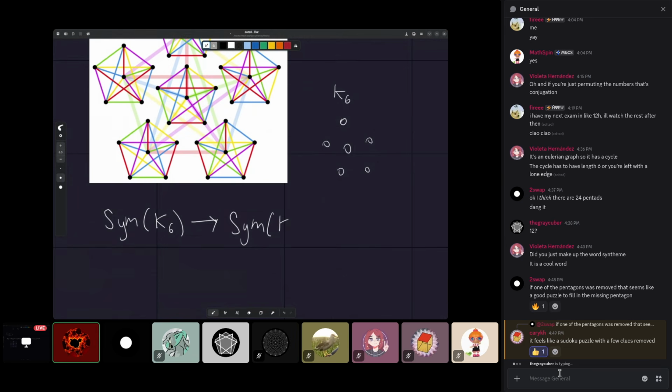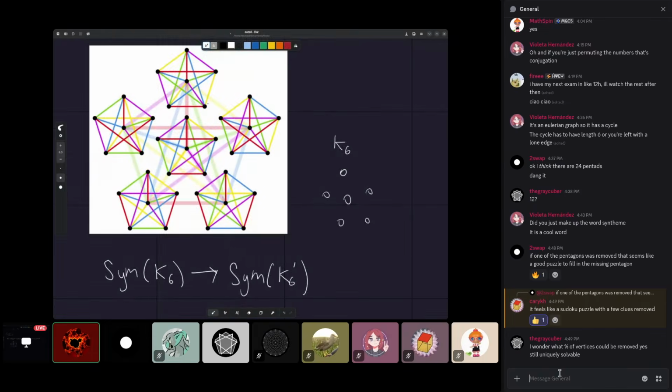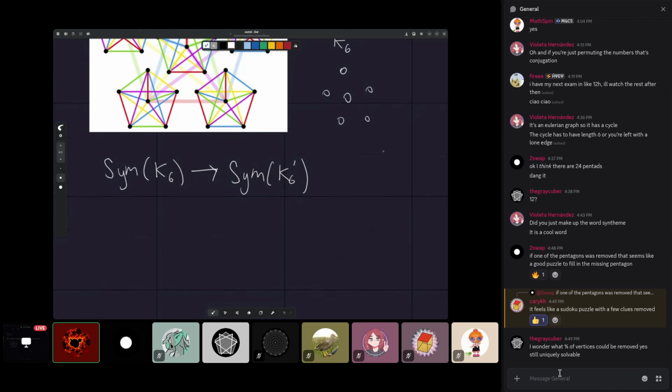So I'm going to let K6 prime denote the 6 pentads. Let me draw it as a horribly drawn pentagon, and then we have whatever are 6 of these. So that's K6 prime.